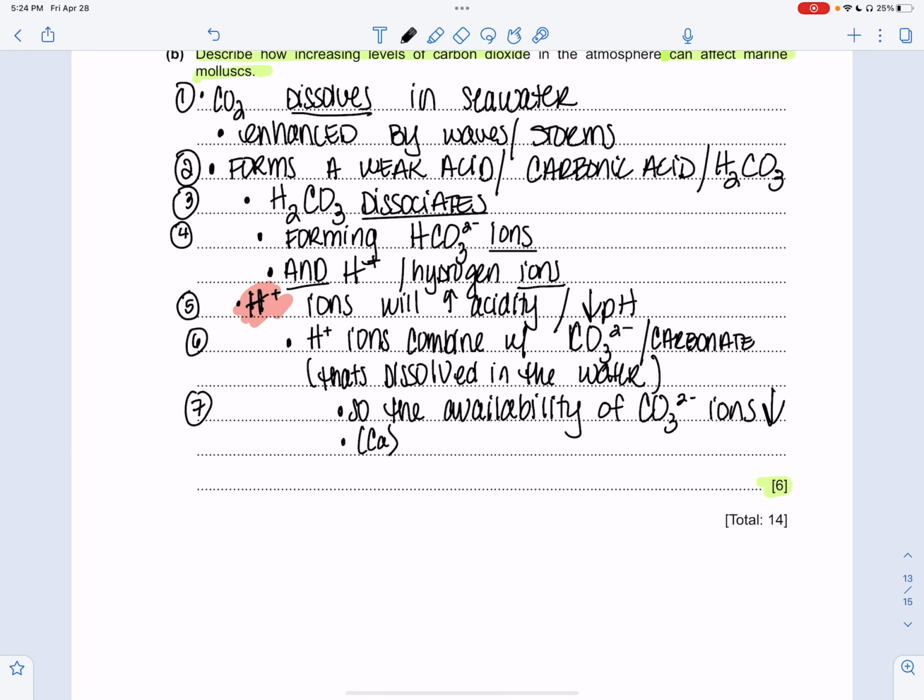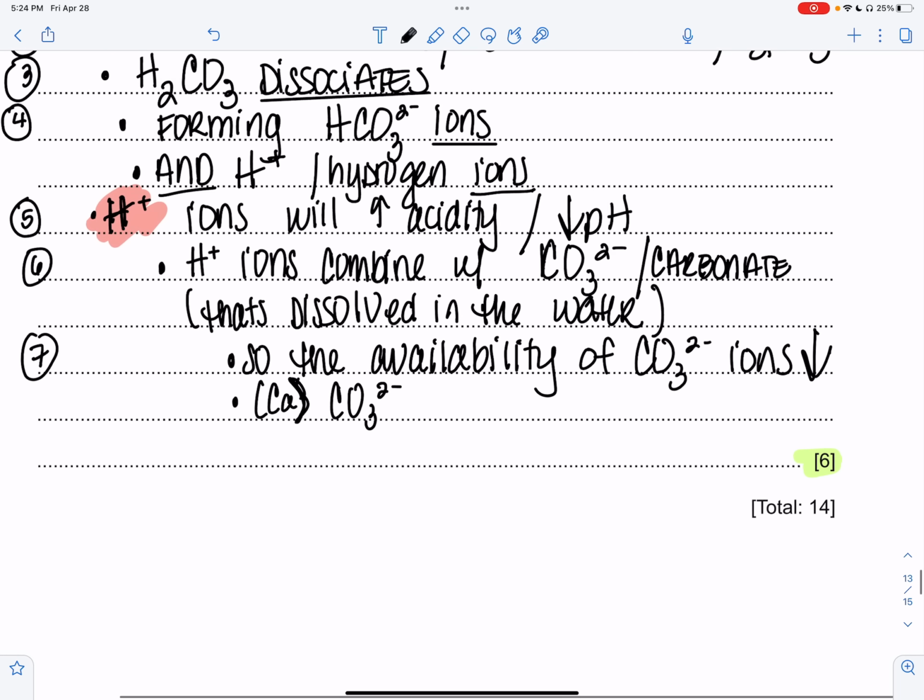So calcium, but that's what this question is about. CO3, 2 minus. Calcium carbonate, but specifically this question, this answer is about carbonate, is needed to make shells, or the skeleton of reefs.